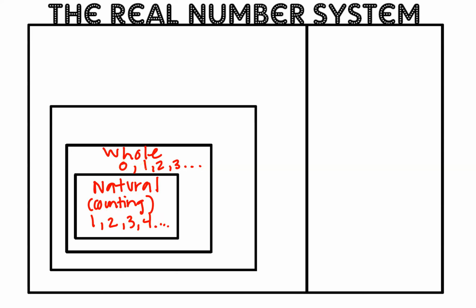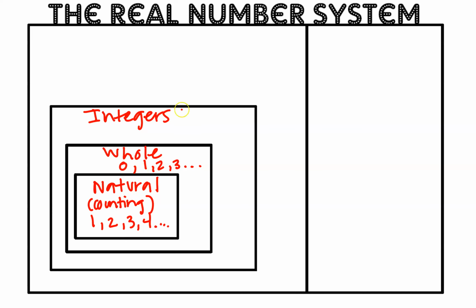Now the next one are integers. So same thing with integers. You do not have fractions and you do not have decimals. Integers include the whole numbers and the natural, but it also includes negative numbers.